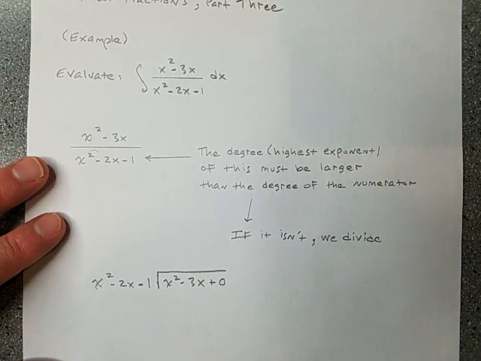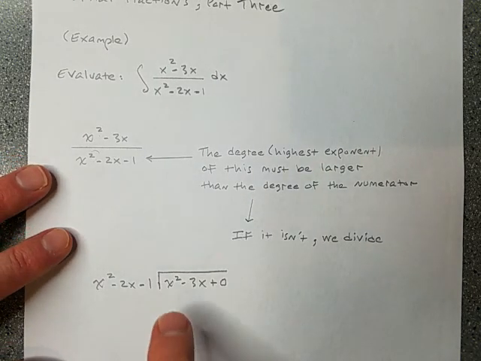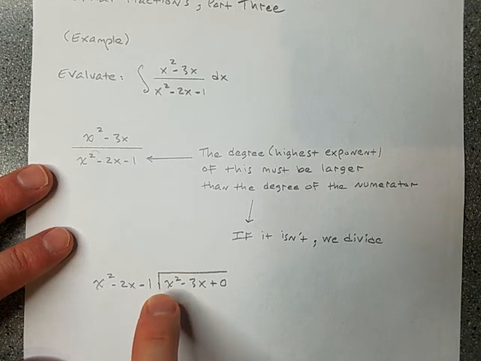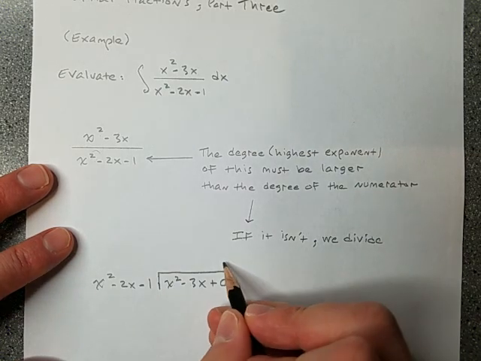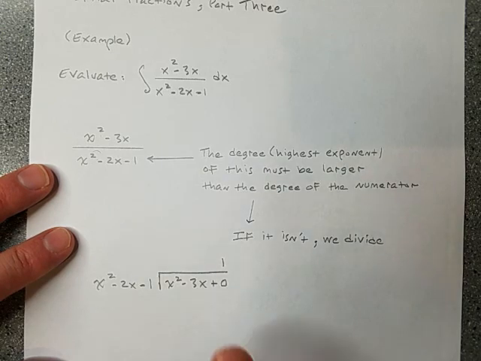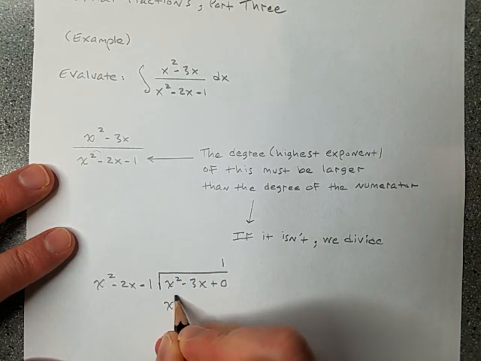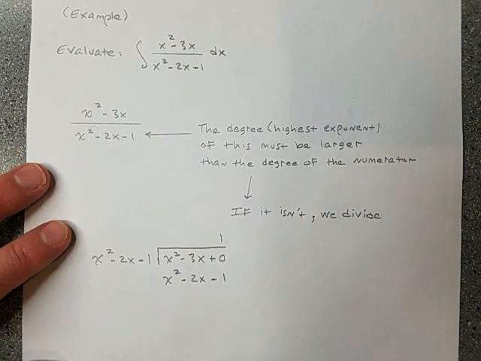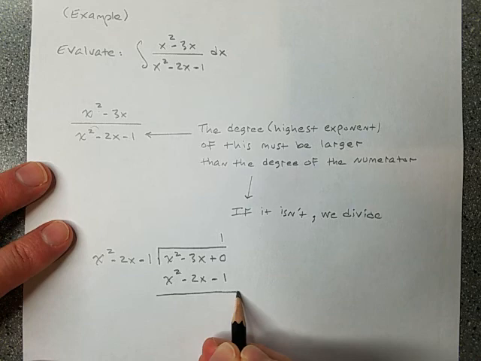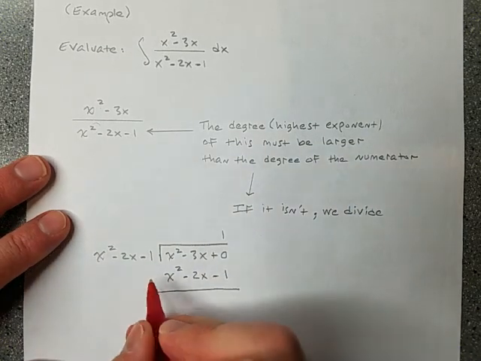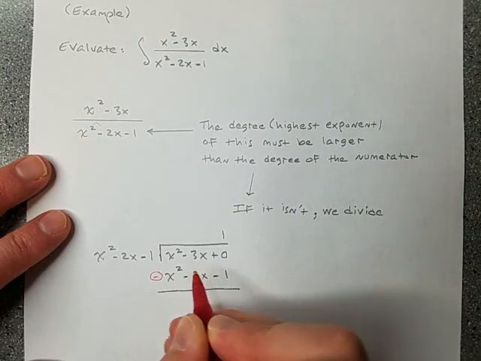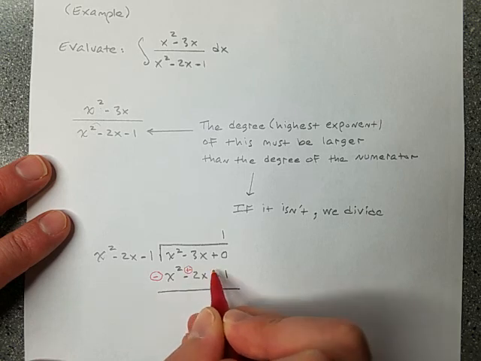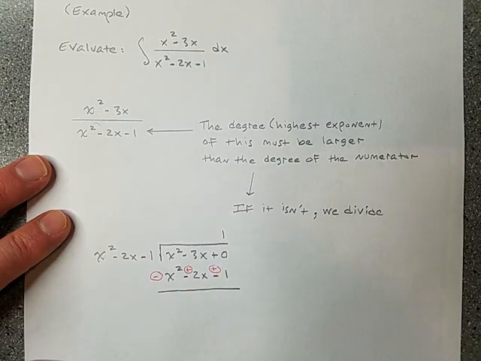But everything is organized when we do this. All right, so the procedure here is the same, where I need to choose something to multiply by this to match that leading term. That would be a 1, right? 1 times x squared is x squared. So I make that choice. I multiply. All right. And then I subtract. So this gets subtracted, but this gets added, and so does that. All right.